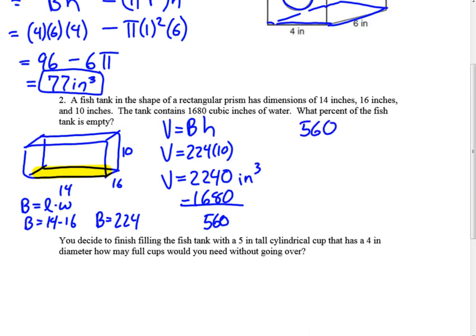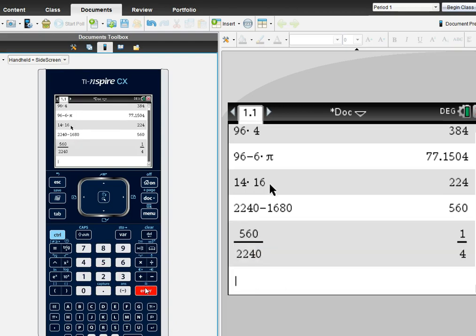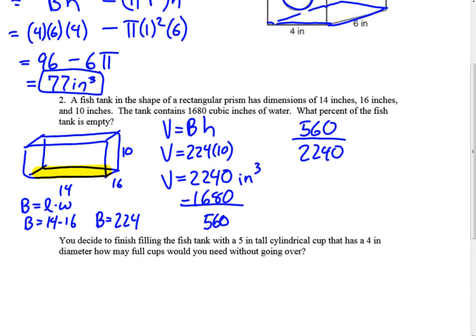So 560 divided by 2,240 is 1/4, which would be 0.25. So that means, multiplying by 100, 25% of the tank is not being used.